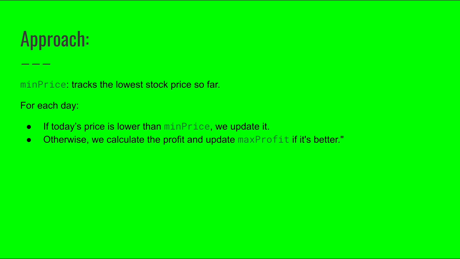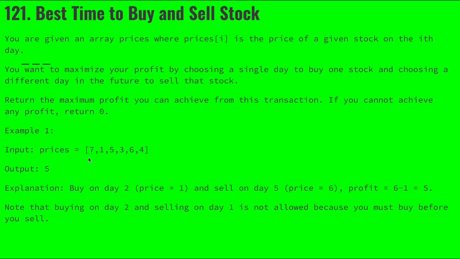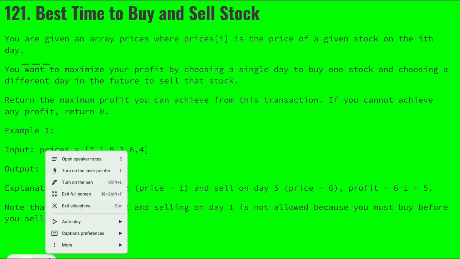You just say, I can try all the pairs in the brute force way. For each i, I will try every j greater than i, and then calculate the profit and track the max. Let's suppose for each pair, i starts from here and j starts from here, with all j greater than i. We'll calculate the profit and track the max.